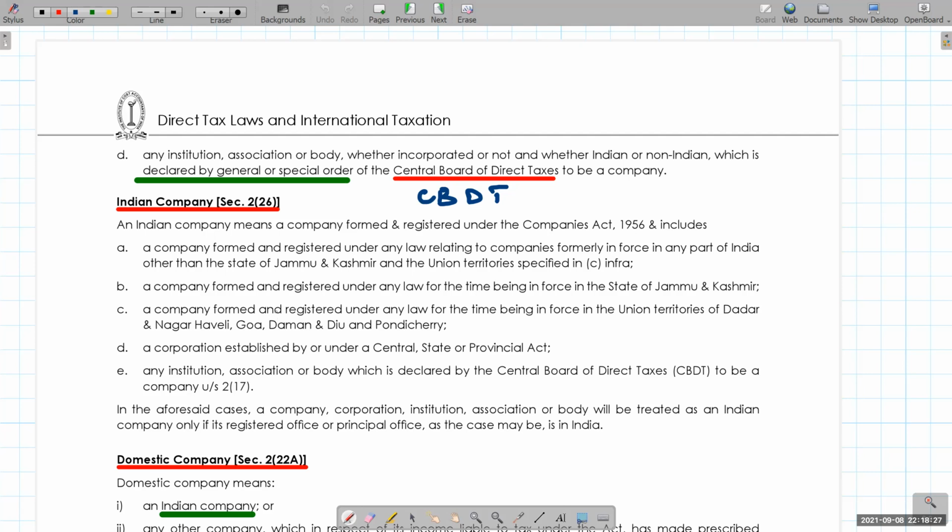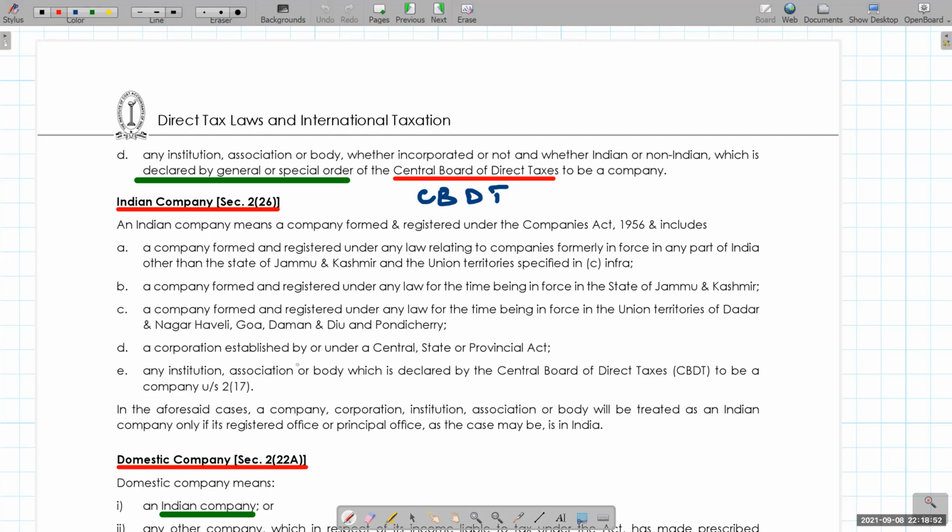It also includes a company formed and registered under any law in force in the state of Jammu and Kashmir, and any company registered under any law in force in Union territories, like Goa and Pondicherry. Their Companies Act won't be applicable, but some other laws will be there, and under that law they form a company.